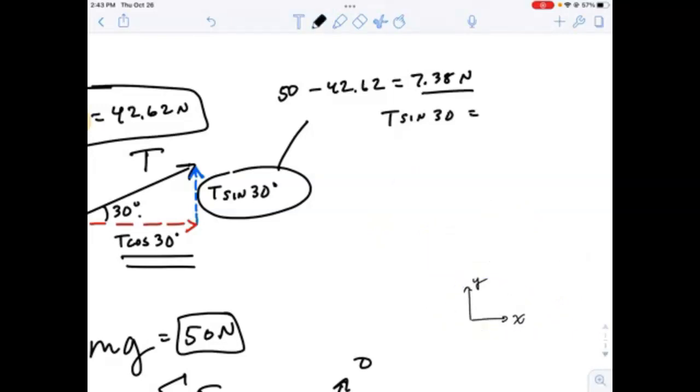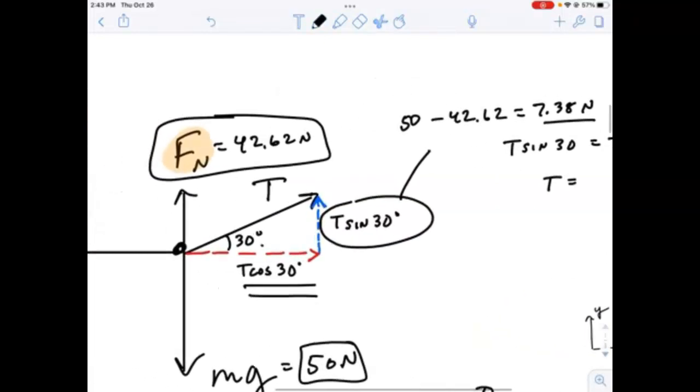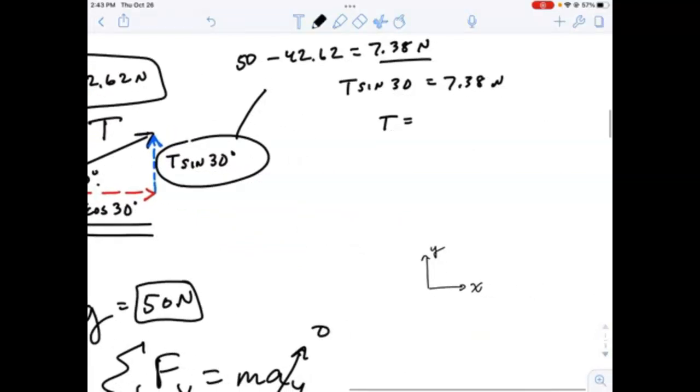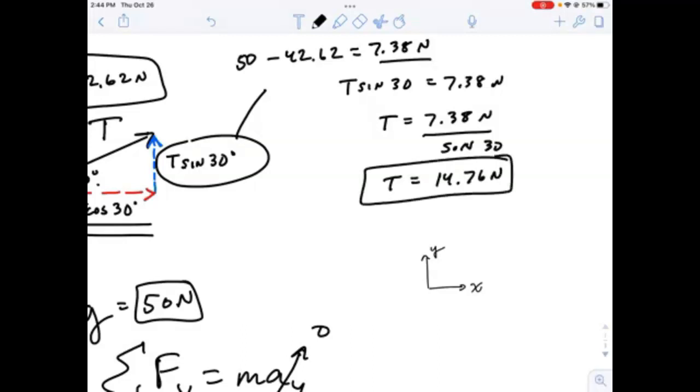If T sine 30 is equal to 7.38 newtons, then T is equal to 7.38 newtons divided by sine 30, which is going to give me 14.76 newtons. And I believe the answer closest to that was answer A, which is 14.47 newtons.